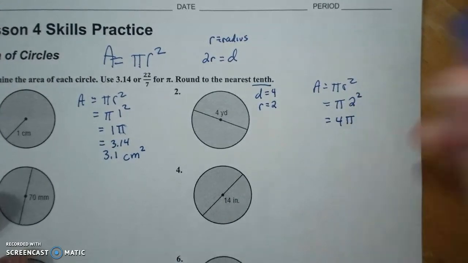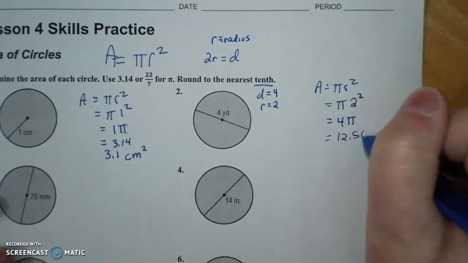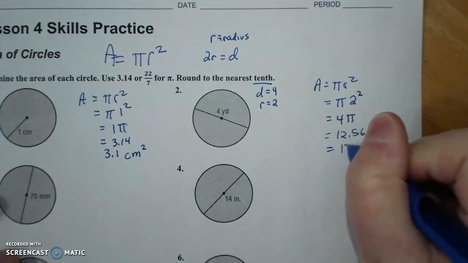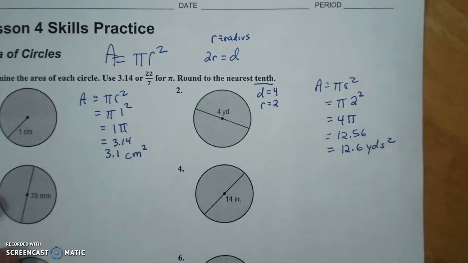That's 4 pi. And you are using a calculator doing this. So you're doing 3.14 times 4, and you're getting 12.56, round to the nearest tenth, 12.6 yards, and because it's area, it's squared.